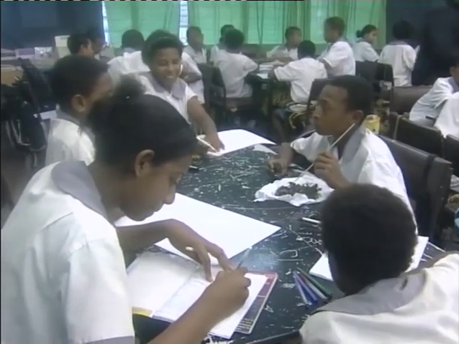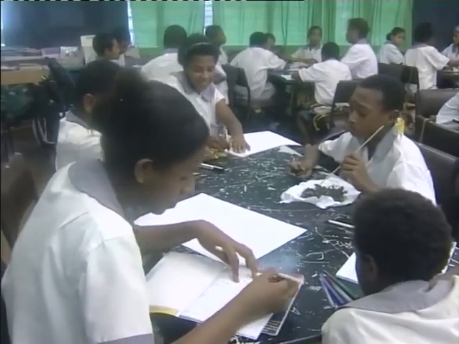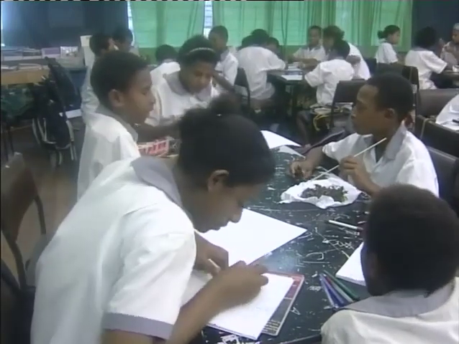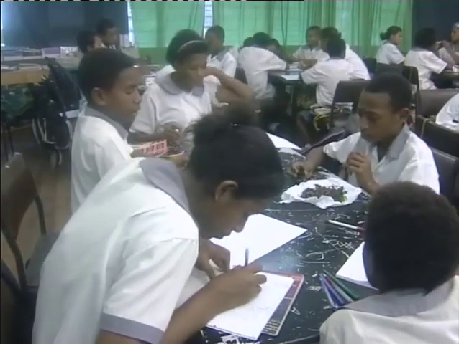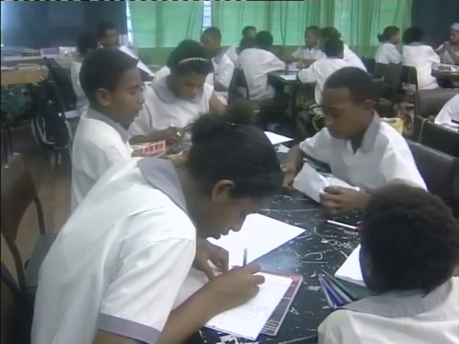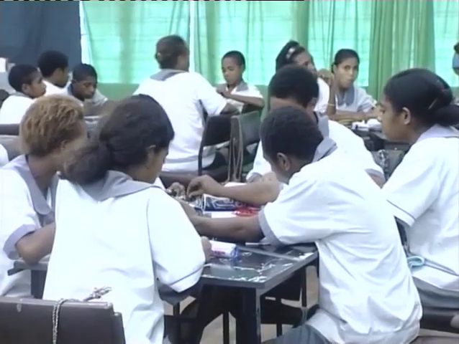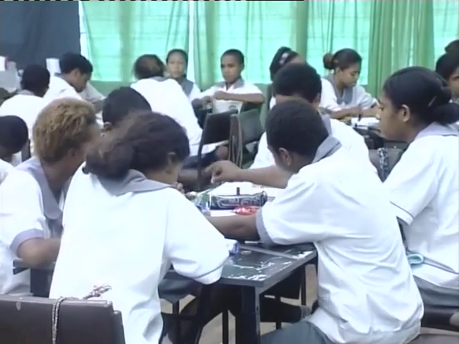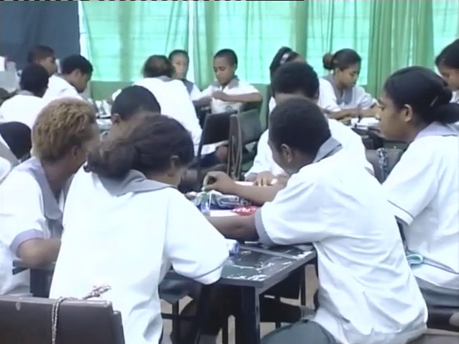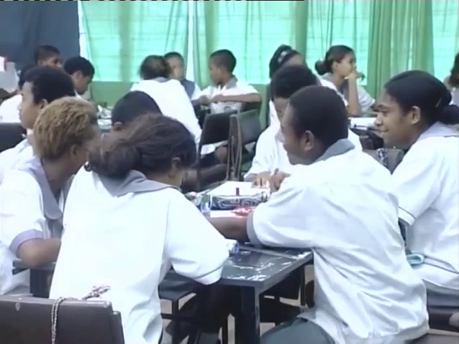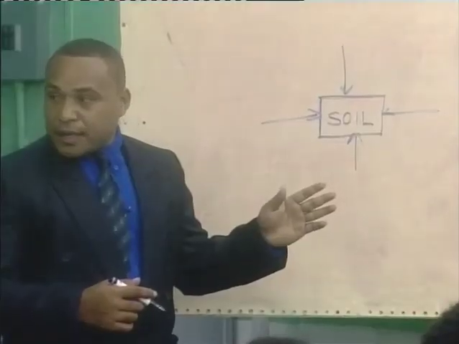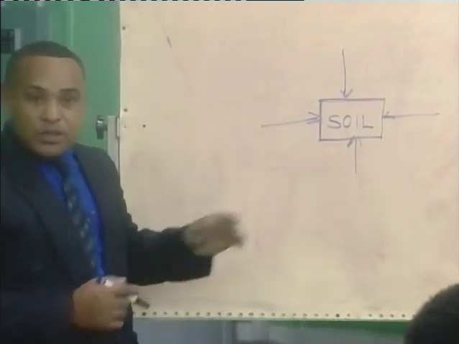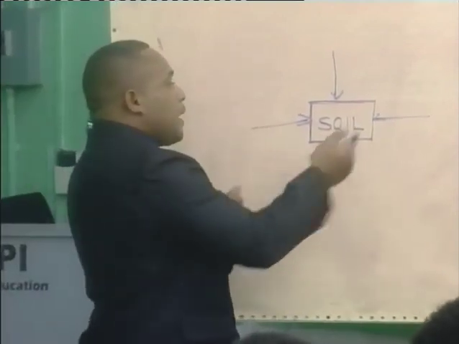Okay, Jason is asking me, how do we go about doing the mind map? Like I've said, we are trying to find what kind of organisms are in the soil. So the main thing that we're trying to find out is the organisms. So what kind of organisms are in the soil? You write it down, okay?